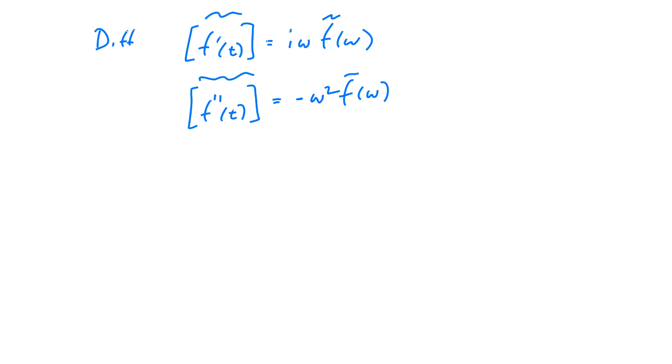So in that sense, f prime of t is equal to the inverse Fourier transform of i omega times f of omega. So in other words, we take the transform, we find the f of omega, we multiply by i omega, and then just take the inverse Fourier transform of that, and we have the derivative.